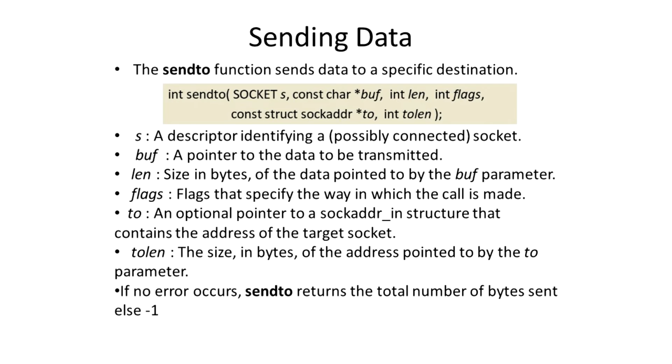But then notice as the fifth parameter, we've got the sockaddr structure again. So we have to pass a reference to the structure in which we define the details for the machine we want to send to. So this is where we hard code the IP and the port number of the machine that we intend to send to.